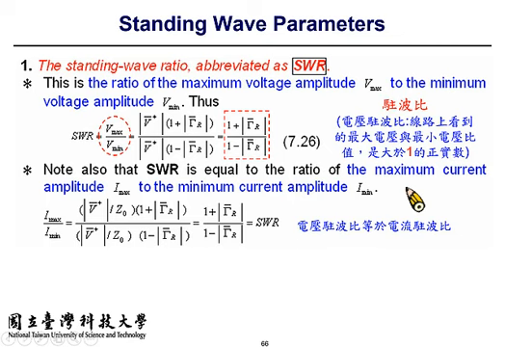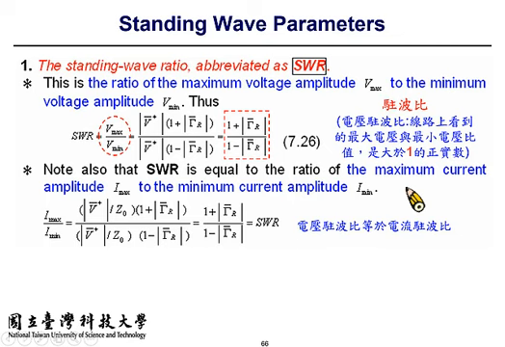Alright, so Equation 7.26 is the definition or the formulation of standing wave ratio. As we already mentioned, standing wave ratio is defined as the ratio of maximum voltage observed on the transmission line over the minimum voltage, which can be expressed as V plus times 1 plus the magnitude of gamma, over V plus times 1 minus the magnitude of gamma.